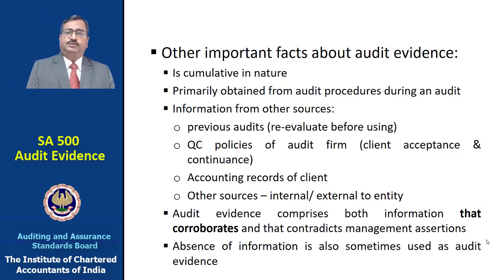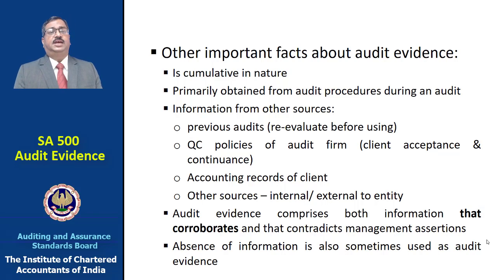Information from other sources, such as previous audits, can be reevaluated before using it. Then the quality control policies of the audit firm, that is SQC 1, guide us as far as client acceptance and continuation, quality assurance, accounting records at the client's place, and other sources that may be internal or external to the entity.